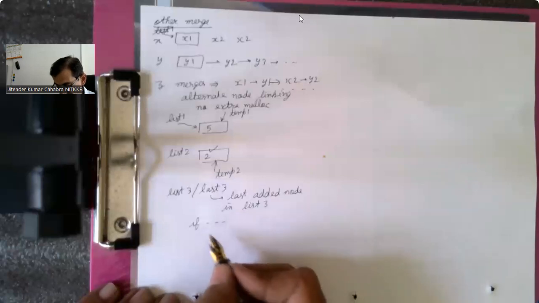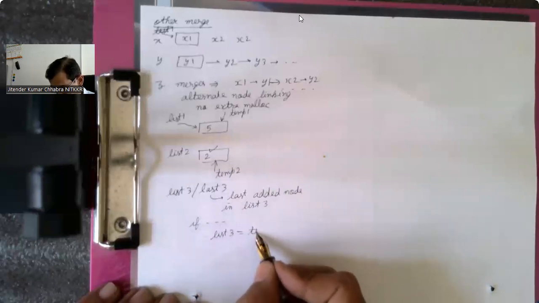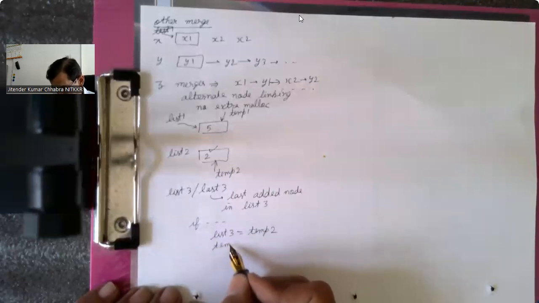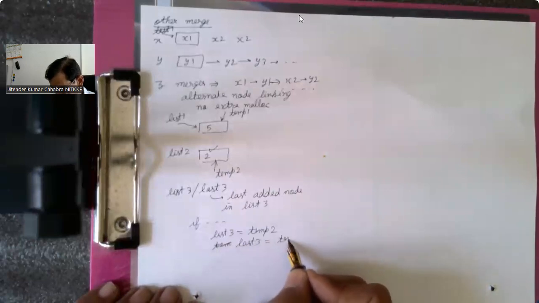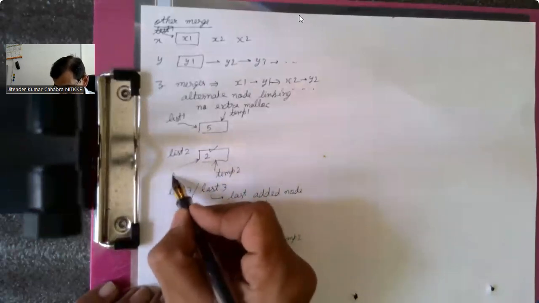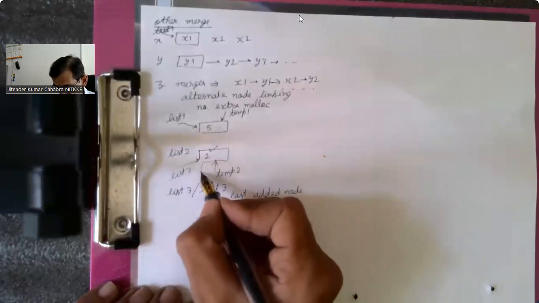Based on that, the first time, list 3 will point to temp 2, and last 3 will also be temp 2. So my list 3 is now starting from here. List 3 will permanently remain here.